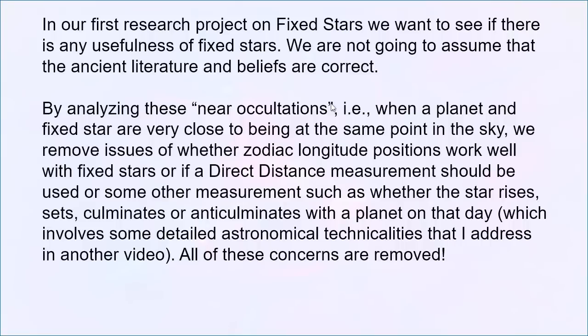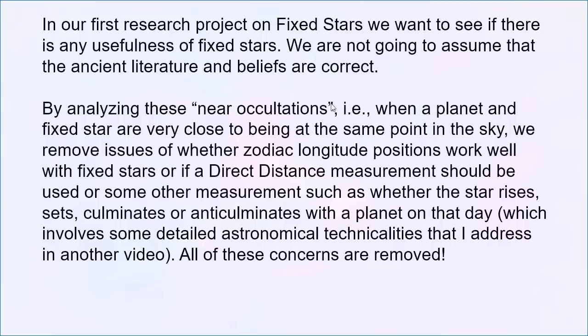We don't need to get into all that, but what I'm saying is that no matter how you look at fixed stars, whether you think we should do it in mundo, or direct distance, or in longitude, because the fixed star and the planet are in the same point in the sky, it's going to be the same, very, very close, no matter what approach you use.